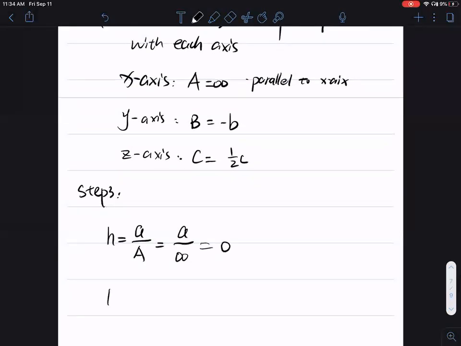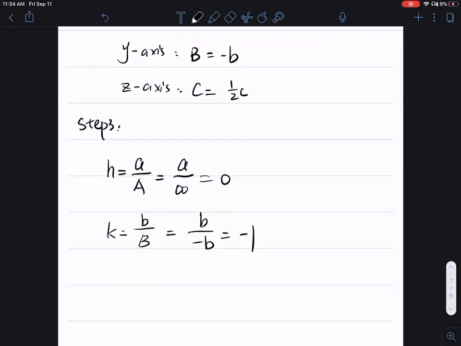Okay, let's look at K. K equals small b divided by capital B. In this case, we have b divided by negative b. We have negative 1. Let's look at L. L equals small c divided by capital C. We have c divided by 1/2 c.